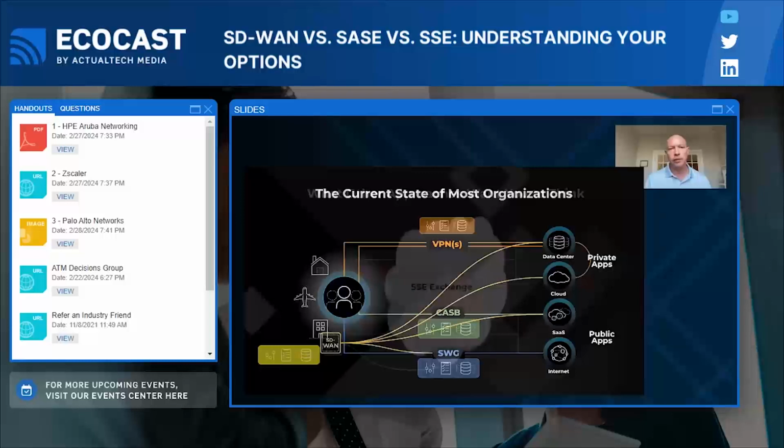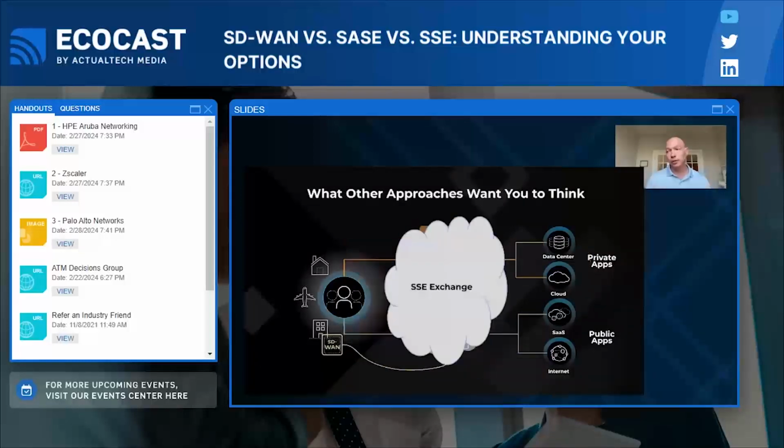Now, the reality, unfortunately, when you look across the market, and these are markets and industries defined by Gartner, is you will see a lot of vendors out there that say, hey, we've got this giant cloud exchange, or we're doing SSE in this unified cloud environment, and we've got this new SD-WAN connector that hooks into that, and all of this type of stuff. So they really want you to think this is a very unified approach.